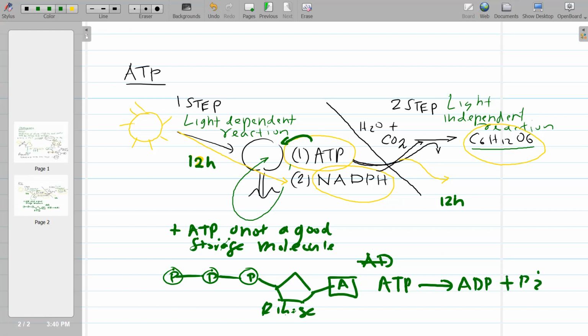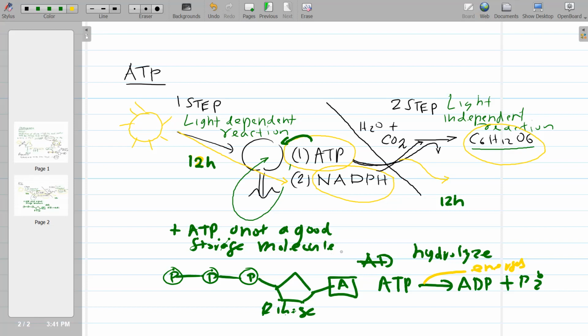You see, ATP hydrolyzes to make adenosine diphosphate and Pi, inorganic phosphate. And then it can release energy. It's a really good molecule to provide energy.